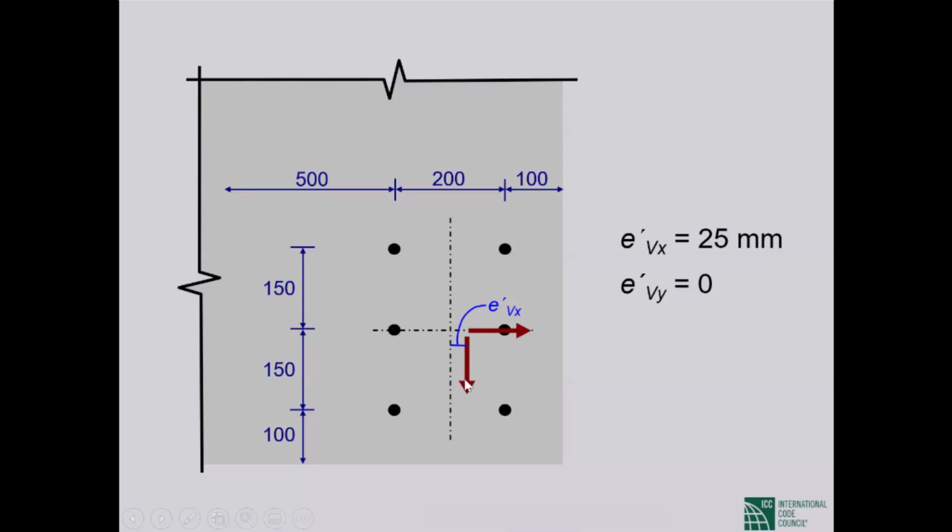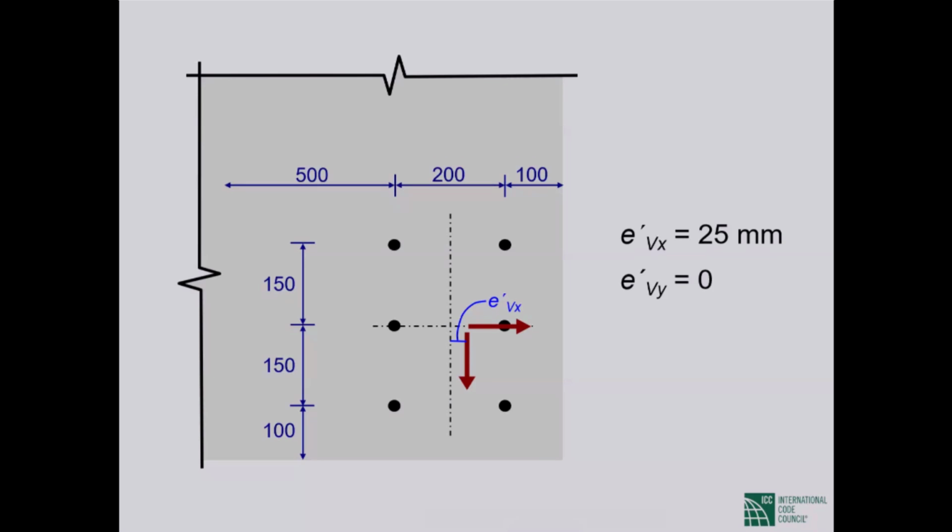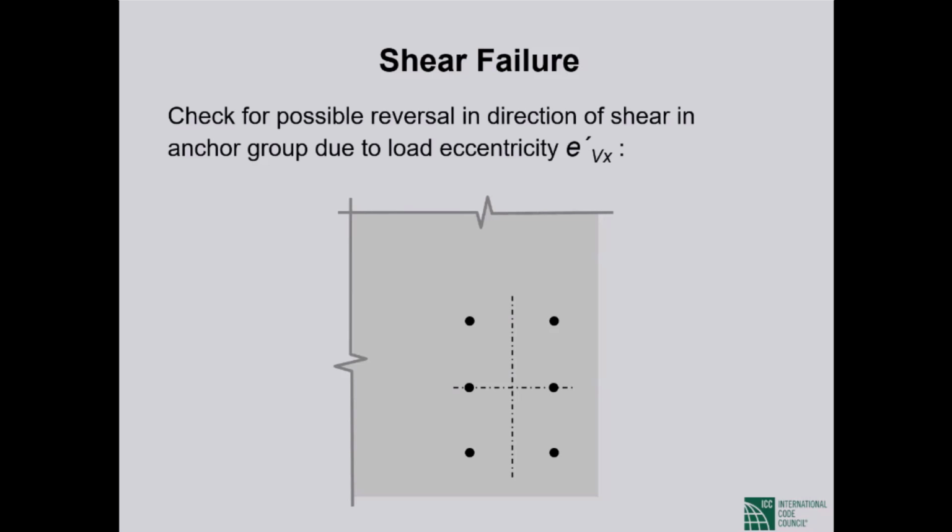That wouldn't happen, but this eccentric shear will cause a torsion, and because of that torsion, one or more bolts can develop a shear that is in a direction opposite to that of the applied shear, and those bolts have to be excluded from calculation. This is like when you subject the group of anchors to tension, one of the bolts goes into compression, you have to exclude it.